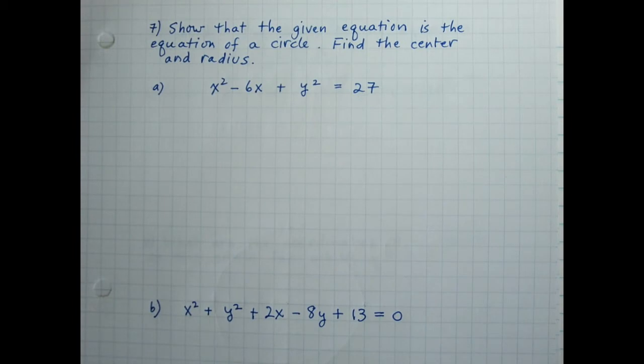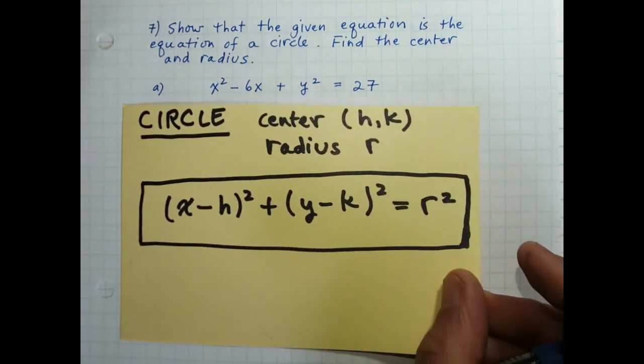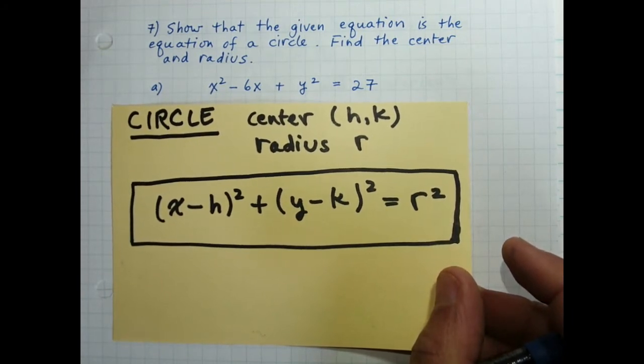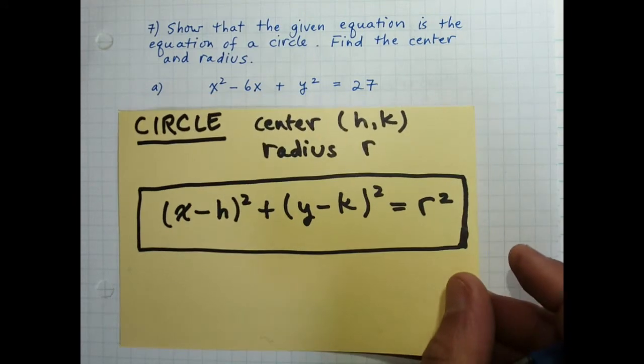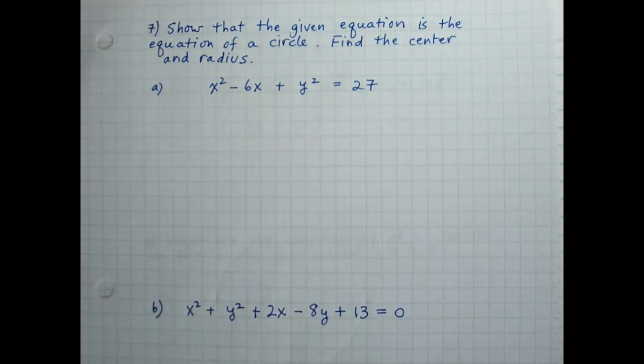So what we're doing now is we have an equation here in A, x squared minus 6x plus y squared equals 27, that doesn't really look like the form (x minus h)² plus (y minus k)² equals r squared. So we're going to have to work on this a little bit to put it in the standard form.